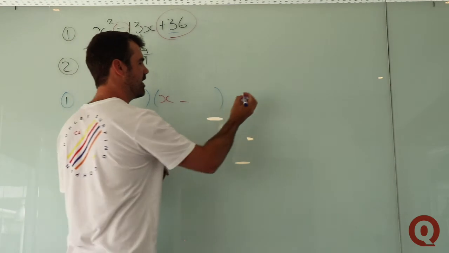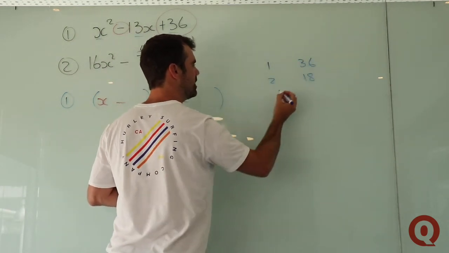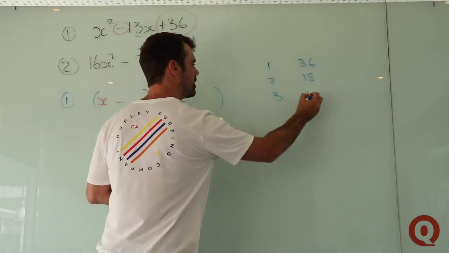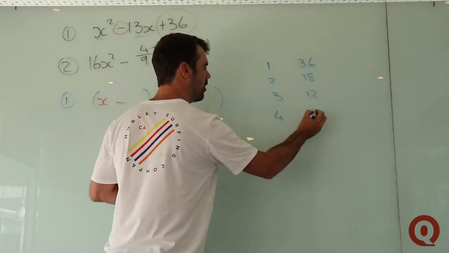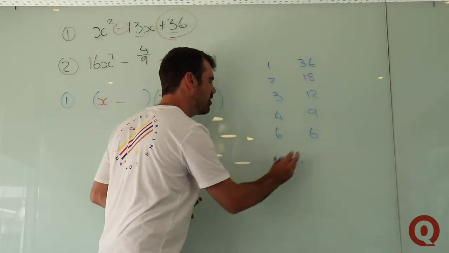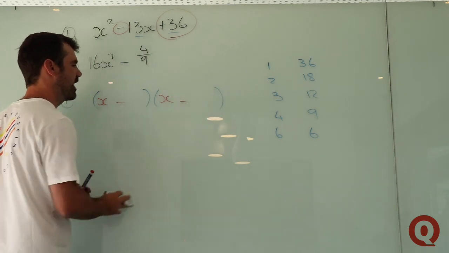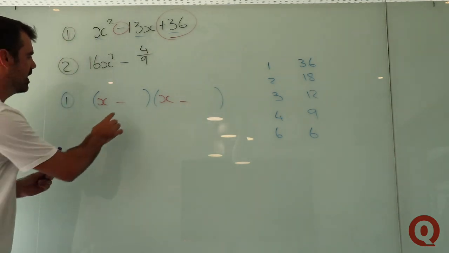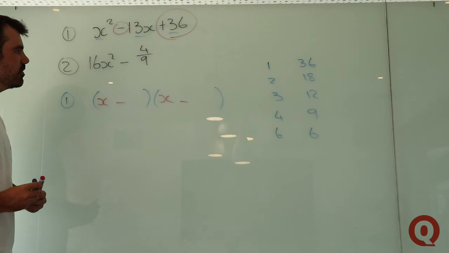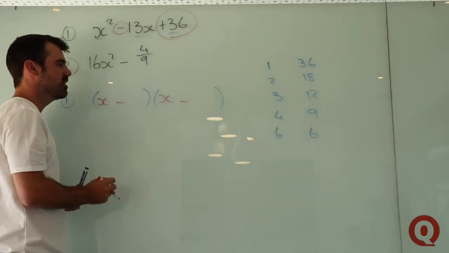So, I need to decide whether I'm going to use 1 times 36, 2 times 18, 3 times 12, 4 times 9, and then 6 times 6. Which of those am I going to be able to use to put into the end of each of my brackets? Well, because we already know what the signs are, we don't need to worry about those. So we simply go straight for the one that when added together gives me 13.